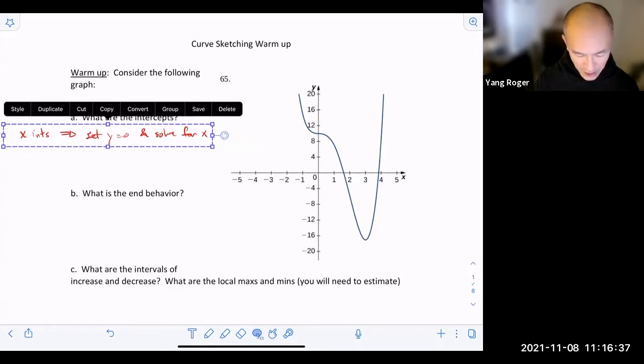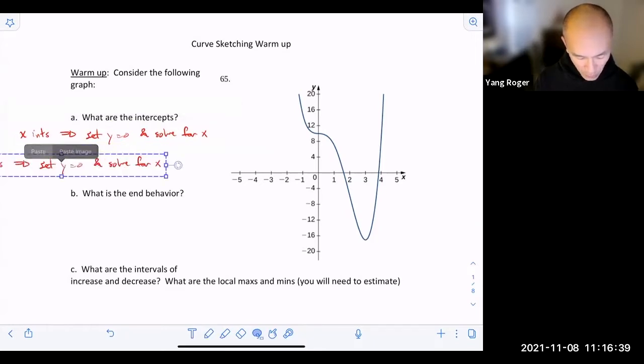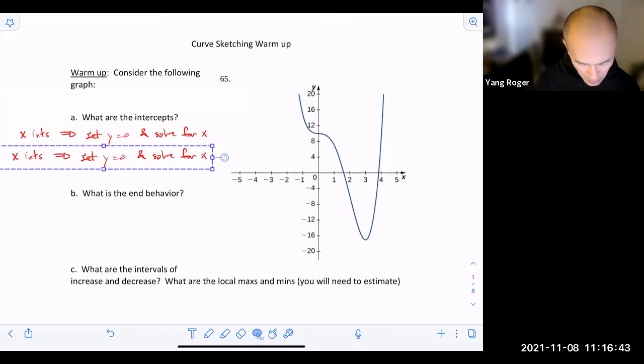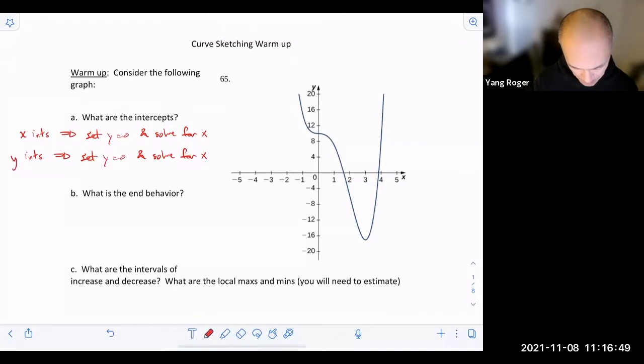It's kind of just the opposite. For the Y-intercept, we set X equal to 0, and then you solve for what Y is.